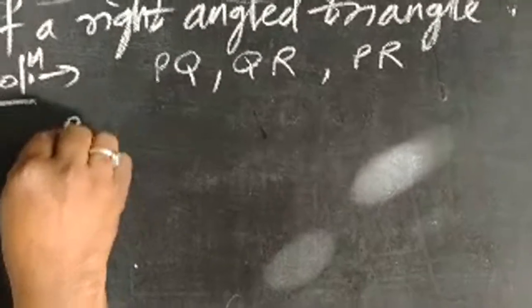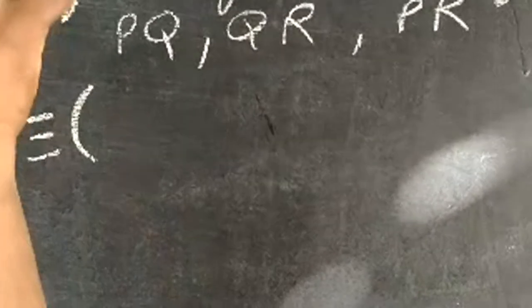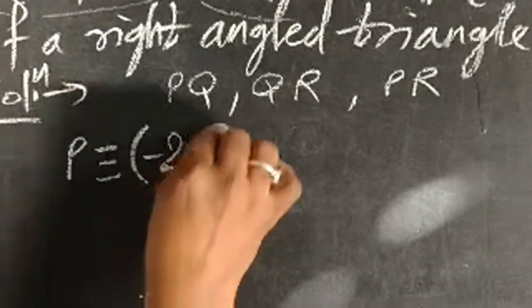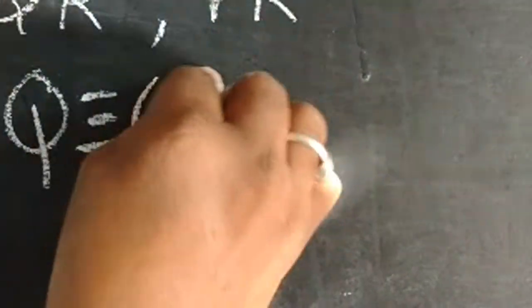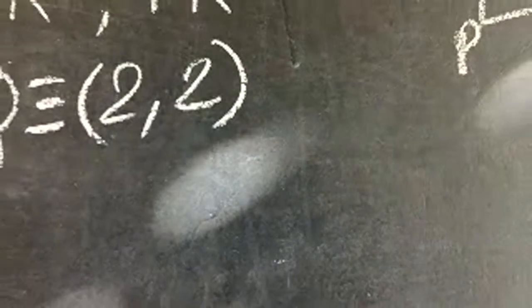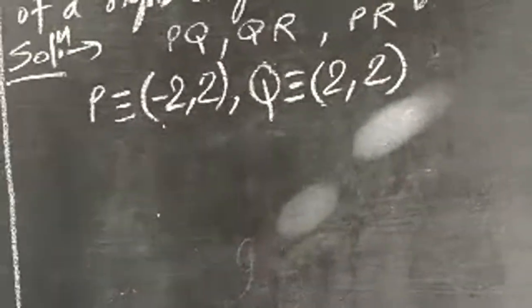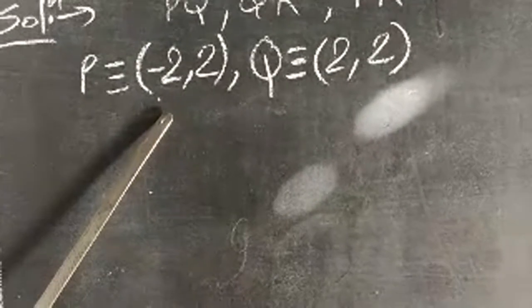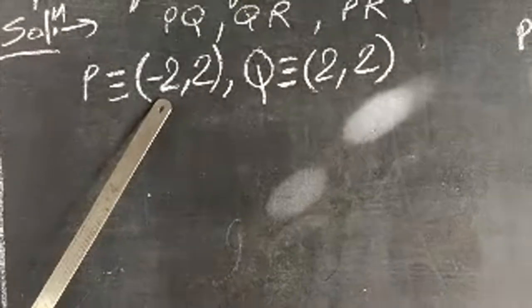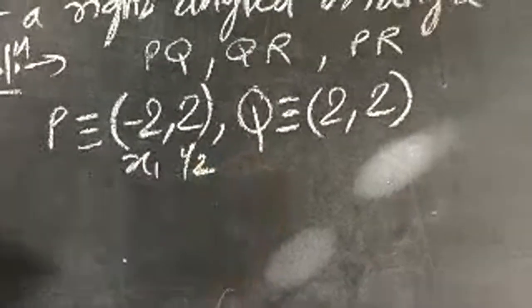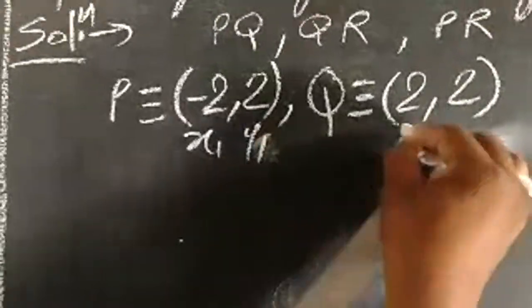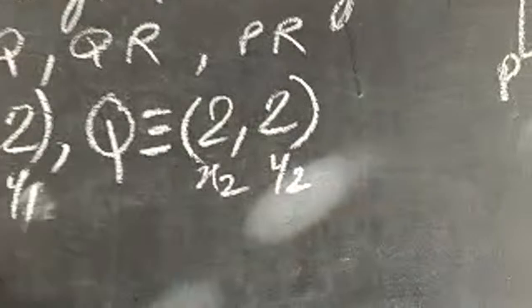First, take point P and coordinates are -2, 2. Second is Q. Coordinates are 2, 2. Here we consider x1, y1, good, x2, y2, good.